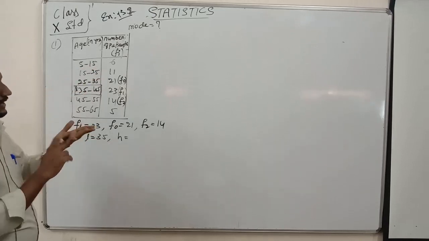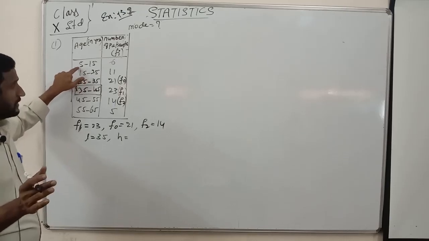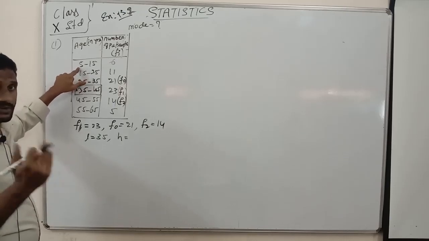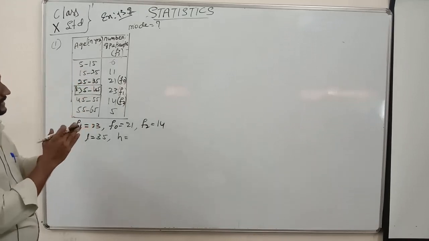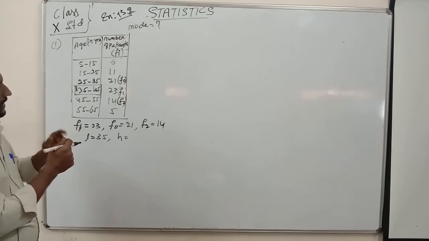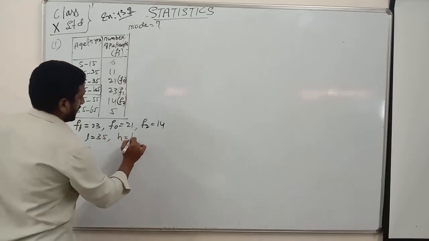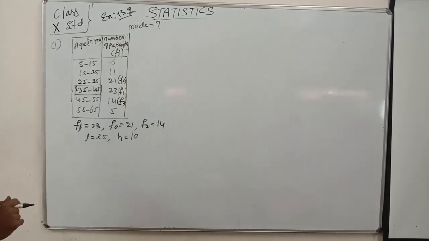The first number, 5, is always counted, whether it is inclusive or exclusive. So 5, 6, 7, 8, 9, 10, 11, 12, 13, 14: how many in total? 10. The class size is 10. So this is the data now.